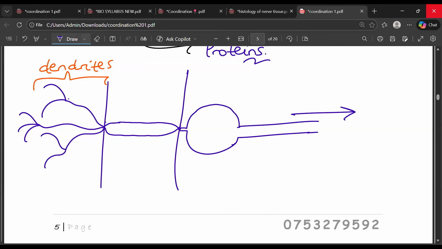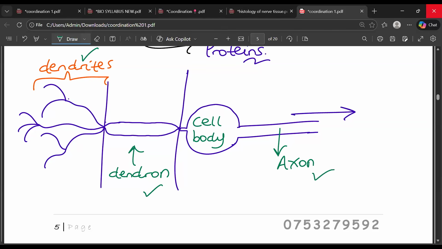So if those ones are dendrites, this thing that they form is what they call the dendron. And the role of the dendron is to take everything it's having to the cell body. Now, whatever the cell body delivers, it delivers via the axon. So that's how you can understand dendrites, dendron, and then axon.